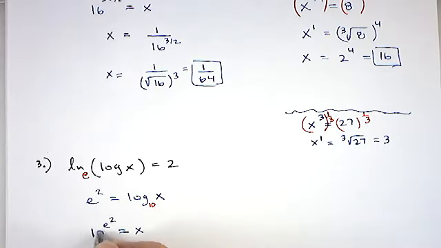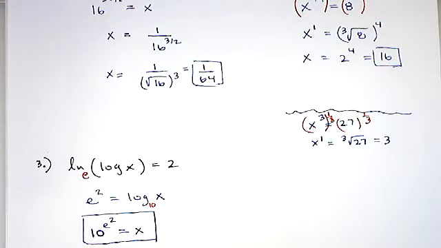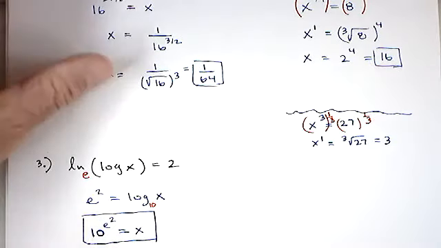Part of what we're doing here is getting comfortable leaving that as an answer. Yes, e is 2.7-ish, with lots of decimal places, but you can just leave it as e. It's better if you leave it as e. So 10 to the e squared is totally fine as an answer. If you want to know what that is as a decimal, you can punch it into your calculator, but this is totally fine.